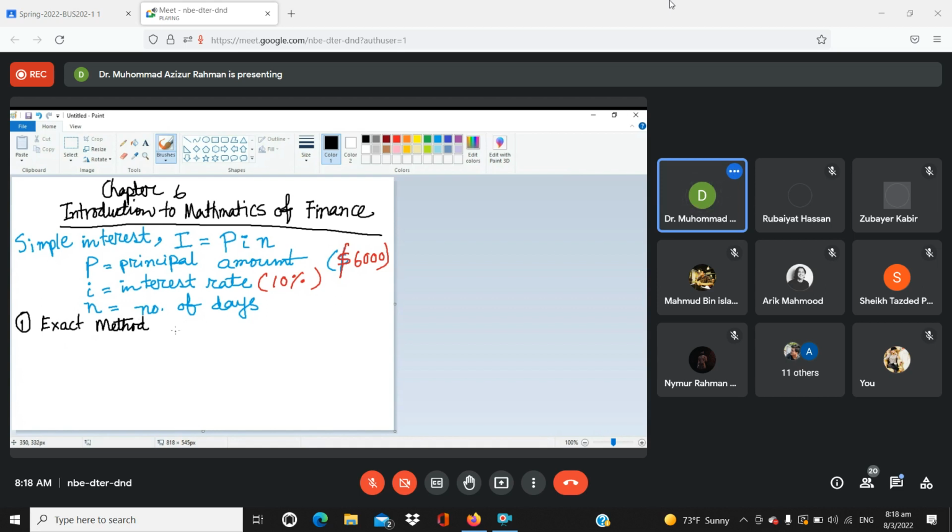Exact method divides the number of days by 365.